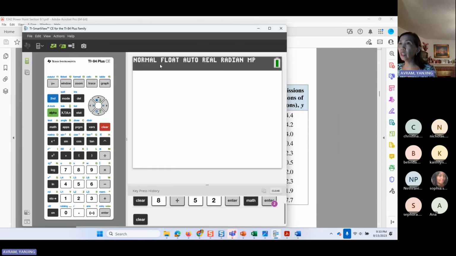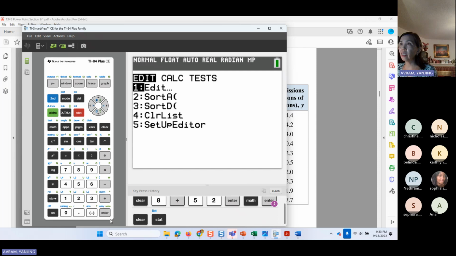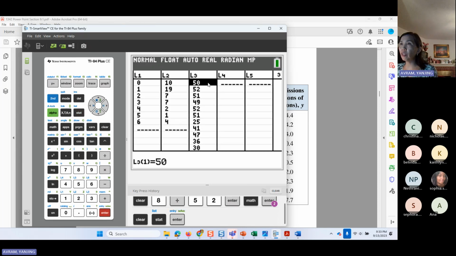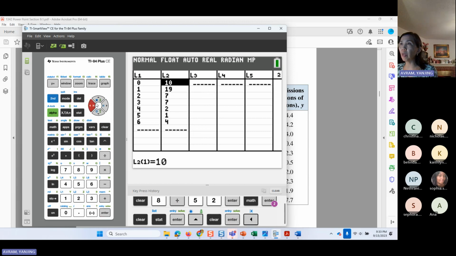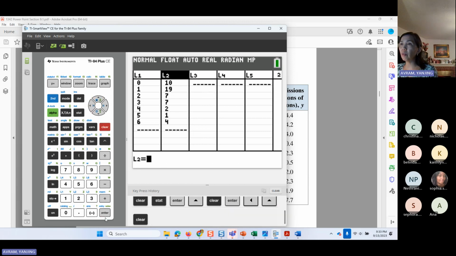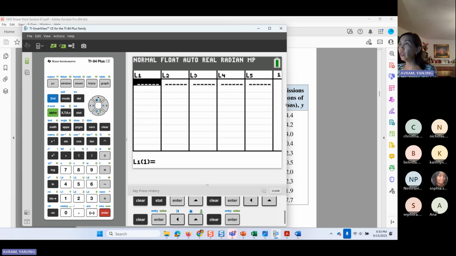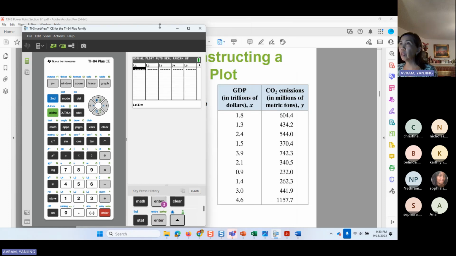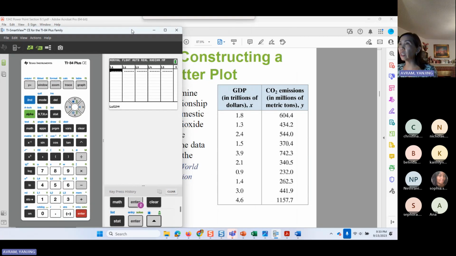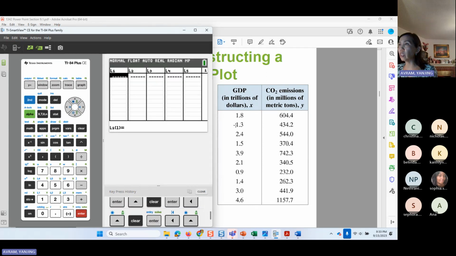So how do you input the data? First, you go to stat, edit. I already have a bunch of data here, so I'm going to clear all of it out. We already know how to input data from before. Now we have to do the scatter plot. We usually like to input the x into L1. If I input x into L1, I don't have to change anything.